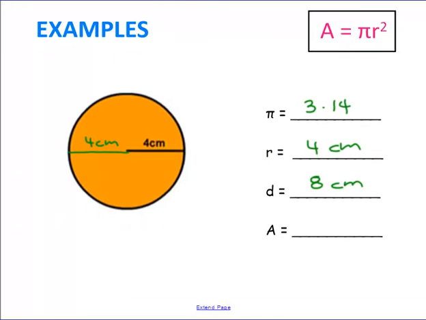Now we can go ahead and calculate the area. So area equals pi r squared. So area equals 3.14, and then our radius is 4 squared.